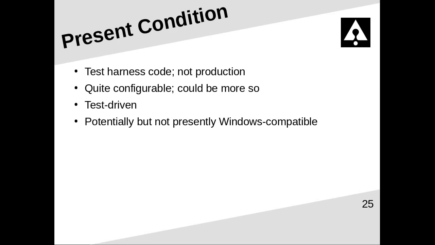Also, it's about 85% operational. By that I mean that there's functionality in it that, when it was put in, worked just fine. But since then, it hasn't been used.